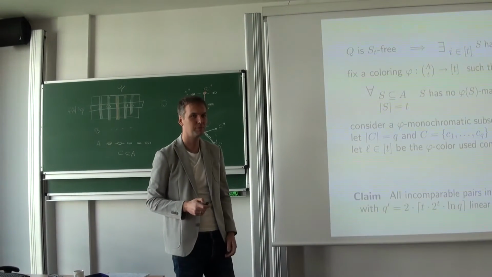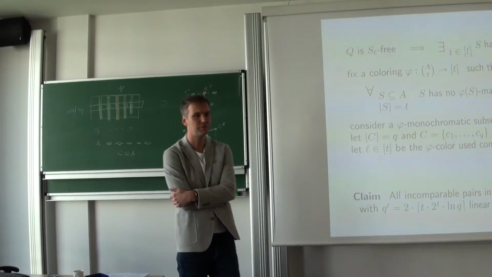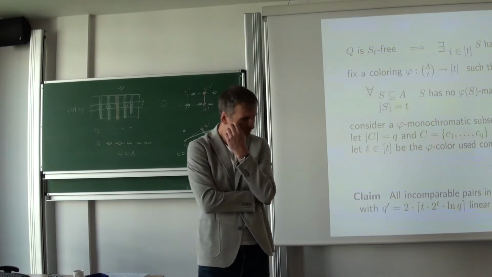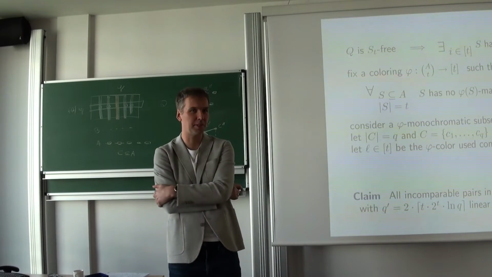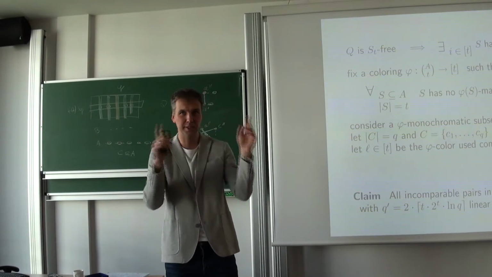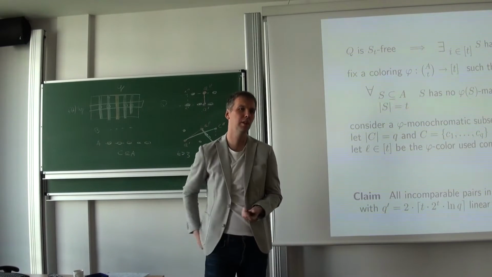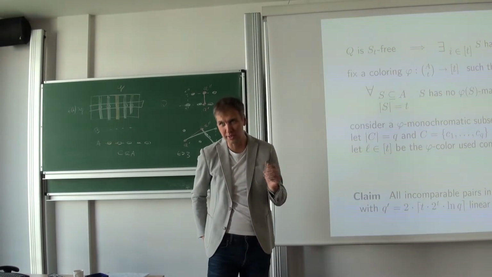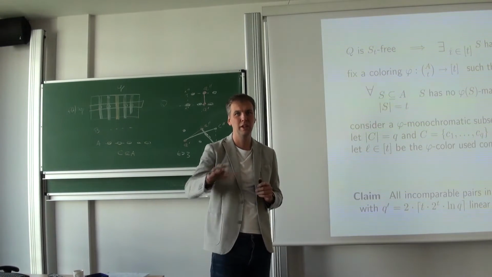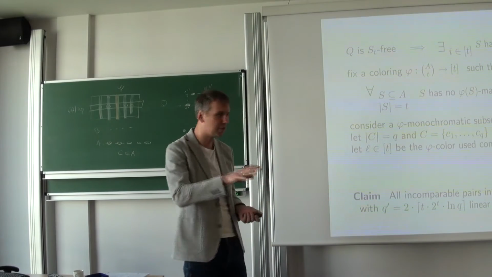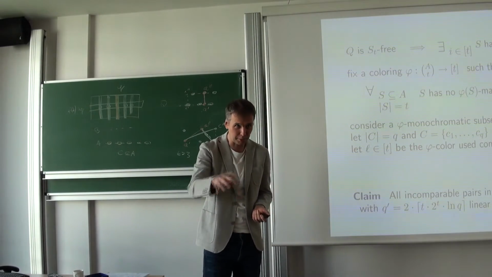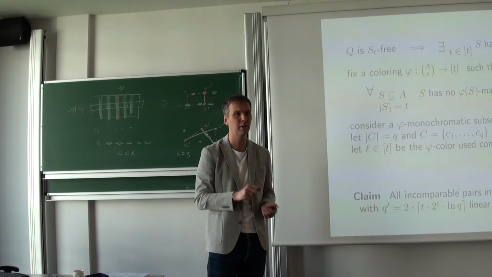So are we trying to extend the coloring that we gave earlier to larger sets? No, the coloring is just on the T subsets, and T is fixed. T is the size of a standard example that you don't see. The coloring is just of the T subsets of A, and for now you just consider a subset C such that every T subset inside of it has the same color. That's it.